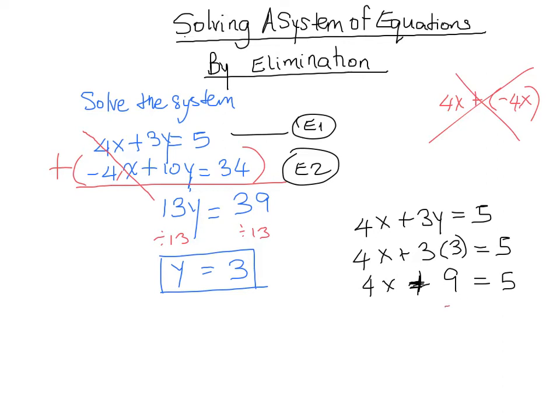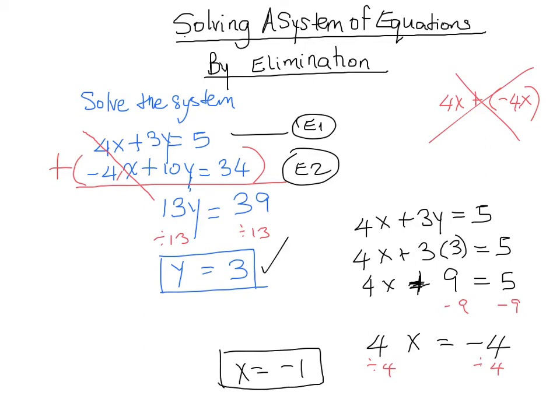Then we take 9 from both sides, and we get that x is equal to negative 4. So my solutions are y equals 3 and x equals negative 1.